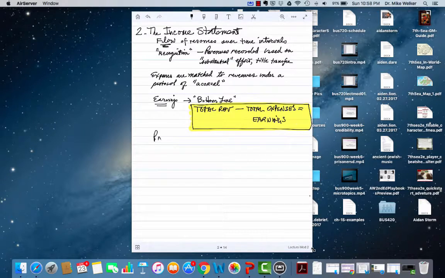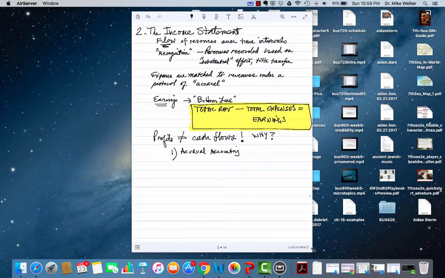Profits are not equal to cash flows. Crucial finding. Now we can see why. Let's ask why. So the first answer has to do with what we call the accrual accounting process.